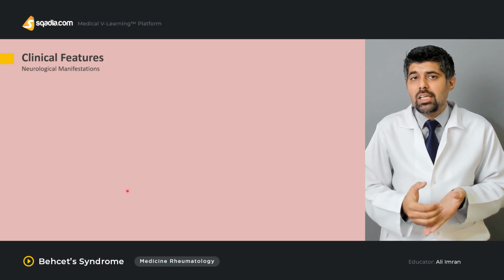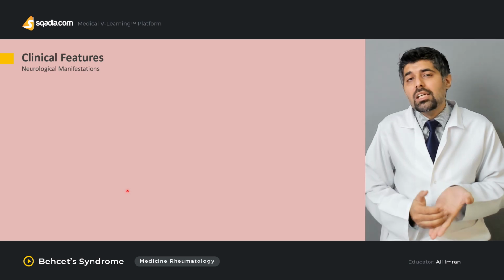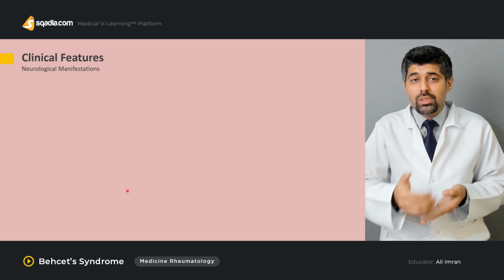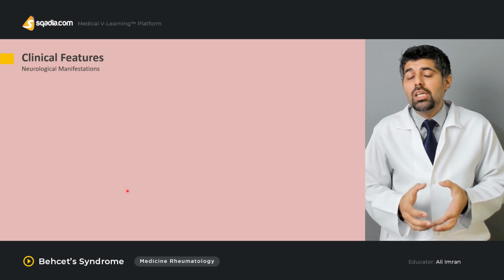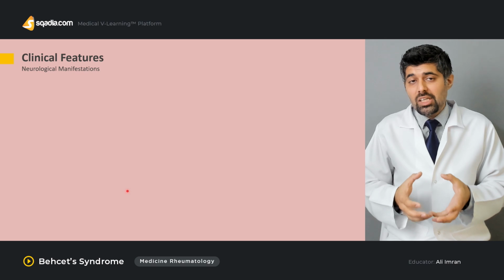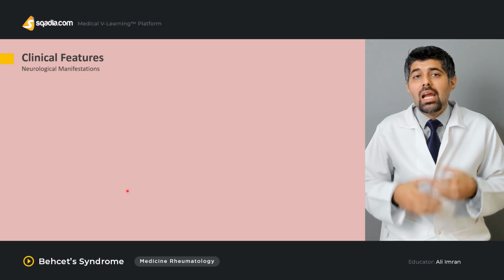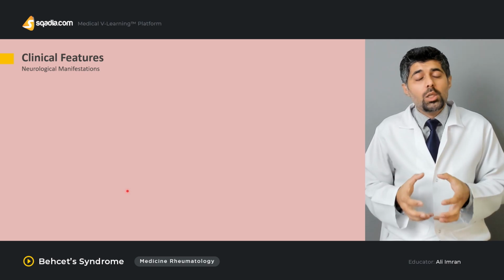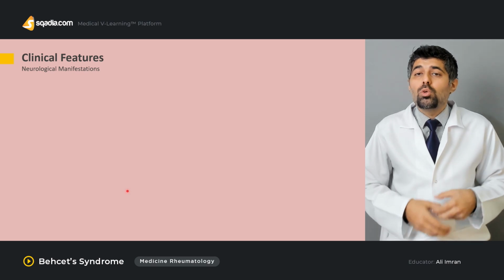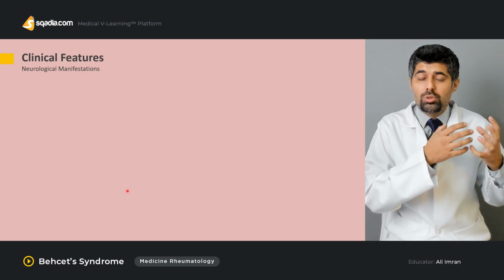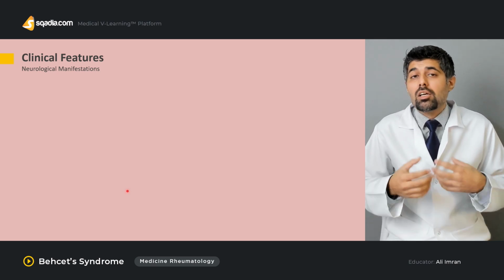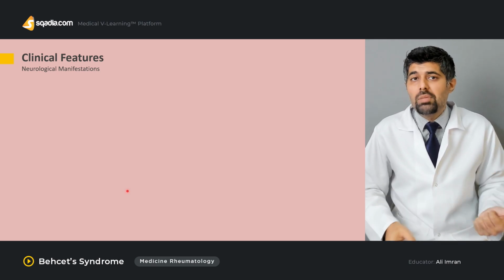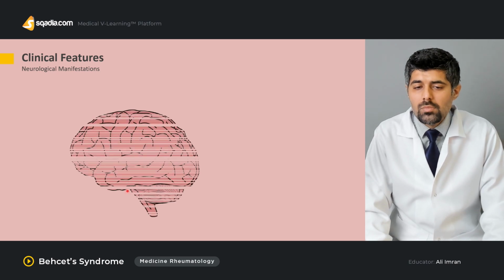So when the brainstem and the midbrain are both involved, this results in symptomatology that is progressive and rapid, and can result in a variety of symptoms leading to a rapid decrease in the quality of life of the patient and increased morbidity of Behcet syndrome.